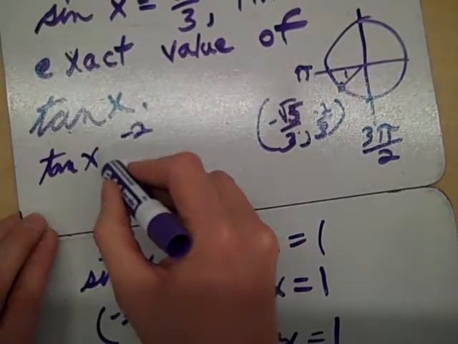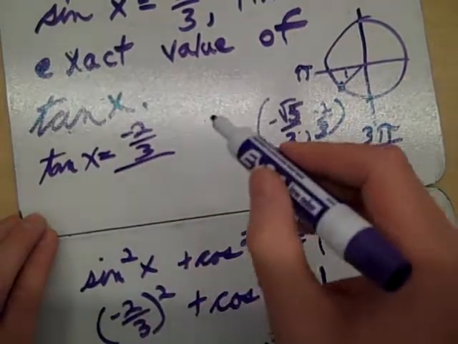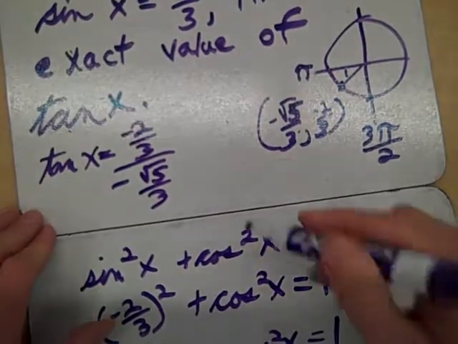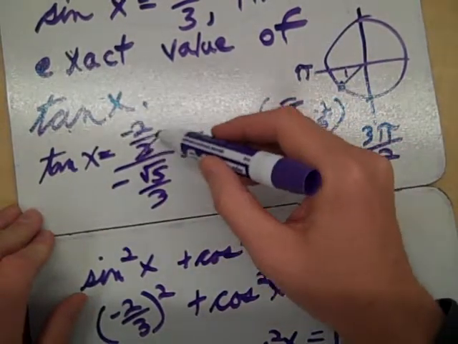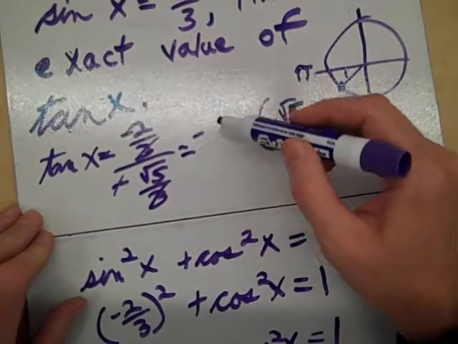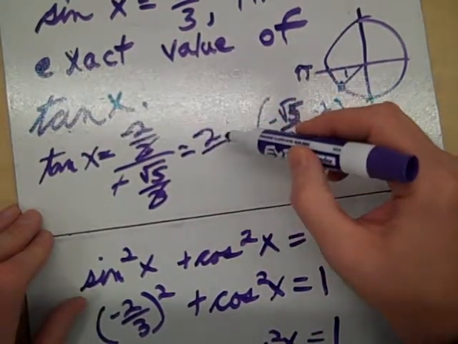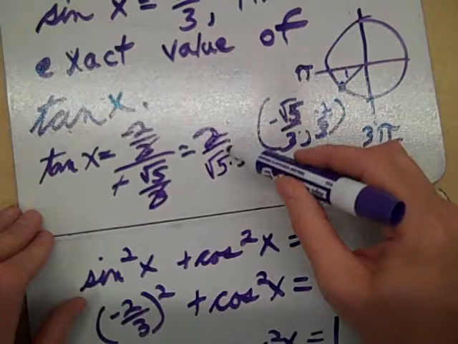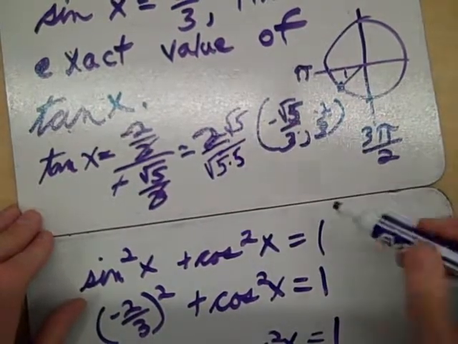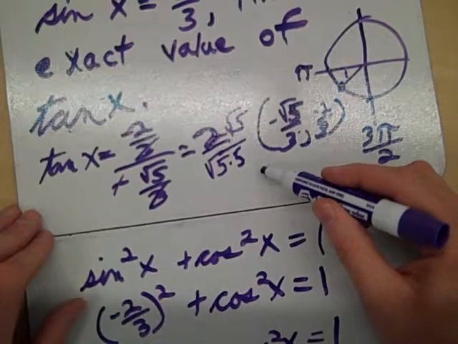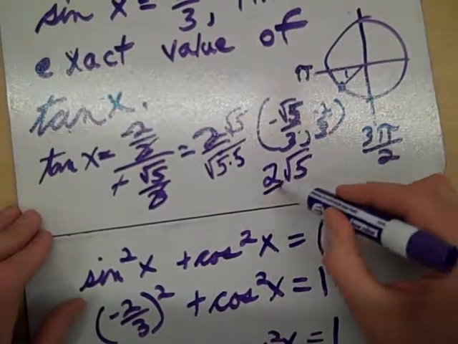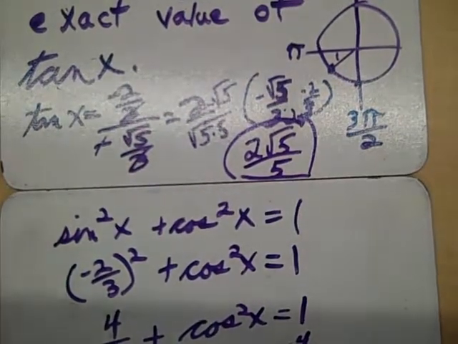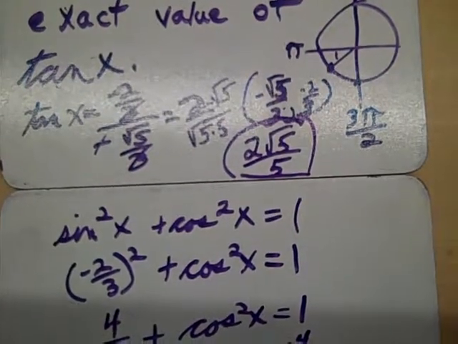So it's negative 2/3 over negative radical 5/3, which is, the thirds will cancel out, the negatives will cancel out. 2, not negative 2, 2 over radical 5. And if I multiply top and bottom by the square root of 5, the exact value is 2 radical 5 over 5. That's the exact value for tangent of x. Let me know if that needs more work. Thanks for now. We'll see ya.